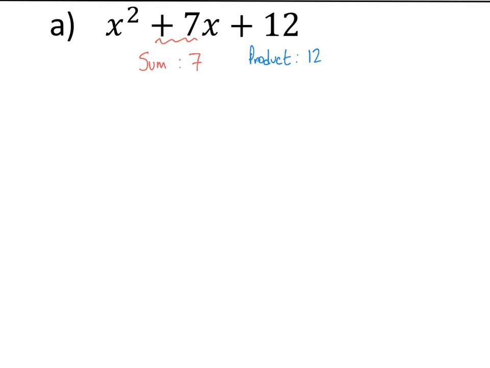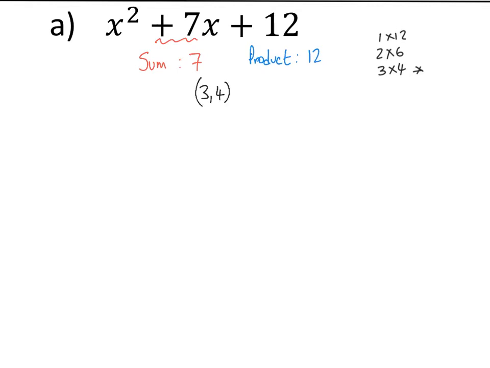If we work with the product, the numbers that multiply to 12 would be 1 times 12, 2 times 6, and 3 times 4. The ones of those that add together to give 7 are 3 and 4. So our two numbers are 3 and 4.